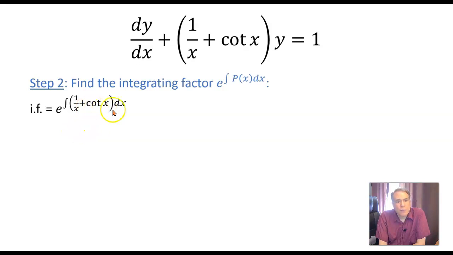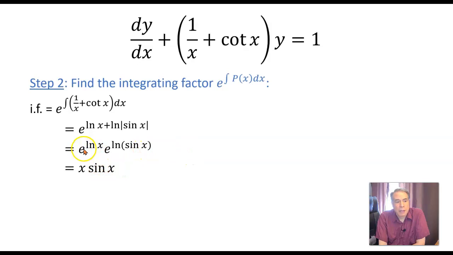And for the antiderivative of cotangent x, if you don't remember what that is, you can look it up. It's ln of sine x. And so we got e^(ln x) times e^(ln sin x). And the e's and the ln's counteract one another, so we get x sin x. That's the integrating factor.